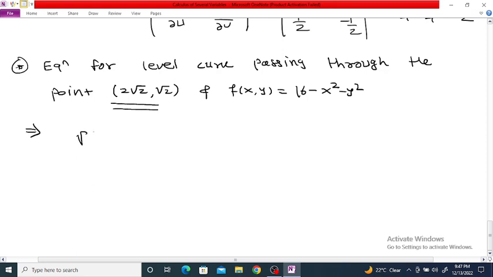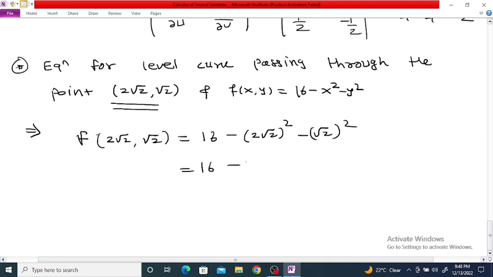So just put here x is equal to 2 root 2 and y is equal to root 2. We get 16 minus (2 root 2) square minus (root 2) square. So this is equal to 16 minus 8 minus 2, so this is equal to 6.